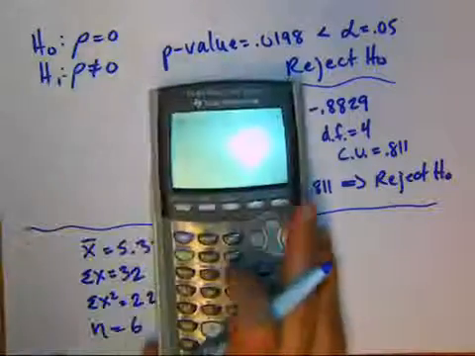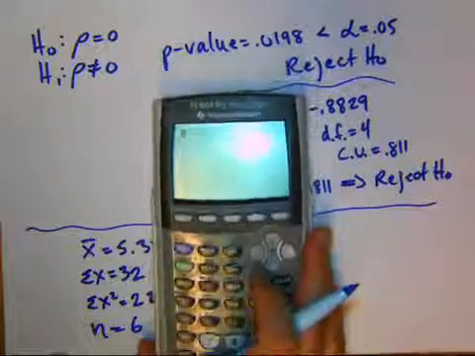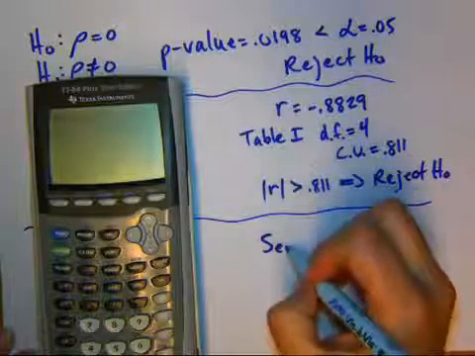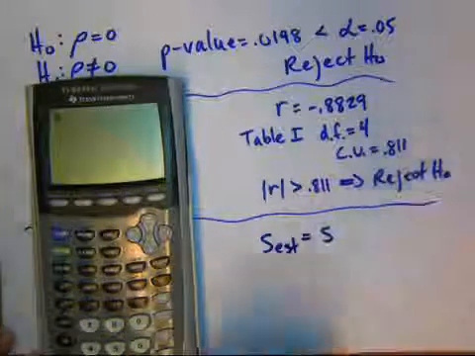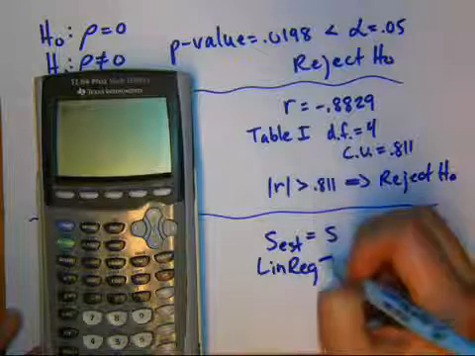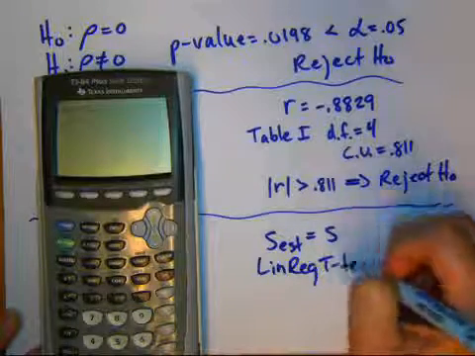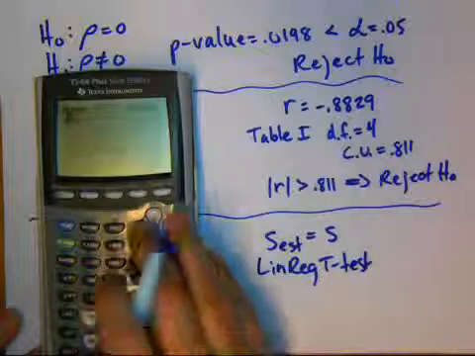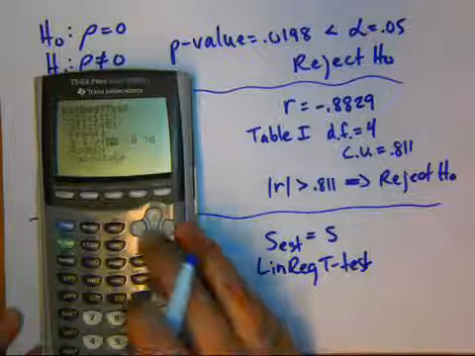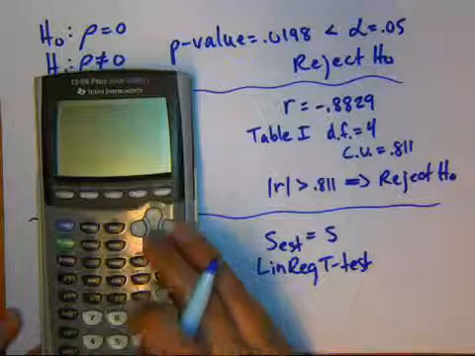One other piece of information that we need for our prediction interval is the standard error of estimate. The standard error of estimate is what your calculator is just calling s underneath the LinRegTTest. So let me go back to that.